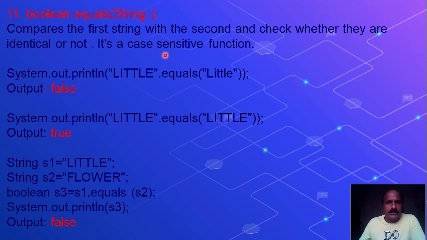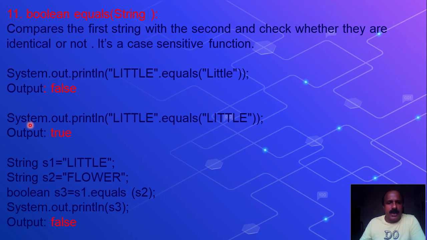I told you this is case sensitive. That means the first letter will be checked, L. Okay, then the next will be checked. This is capital letter I and this is small letter i. So this is not matching. Is it matching? No. So this string is not equal. So false will be returned.